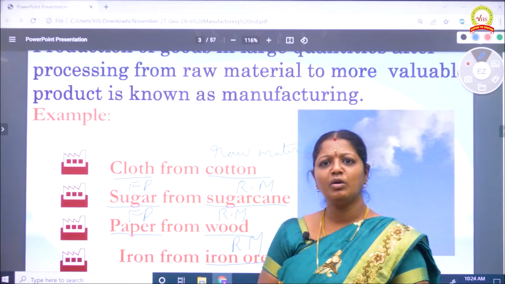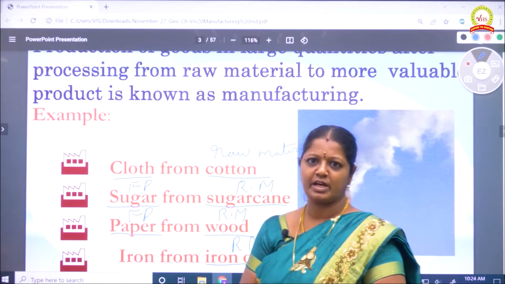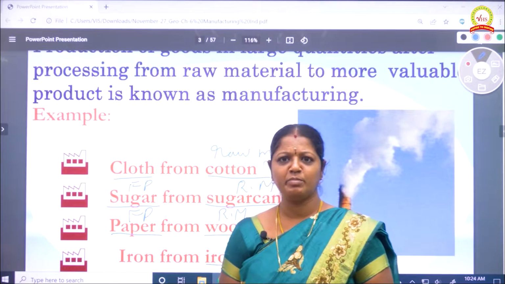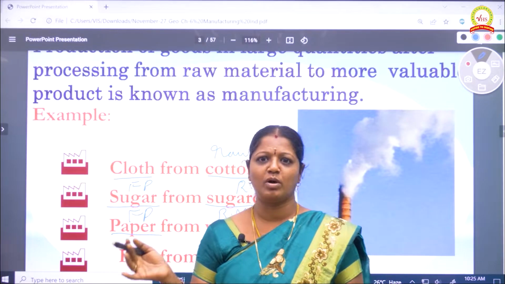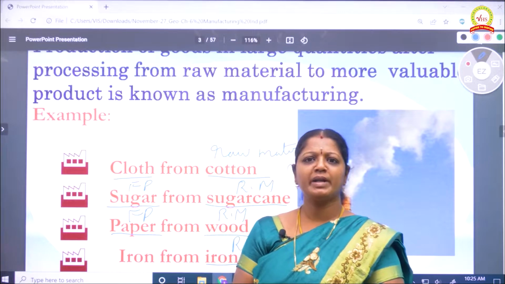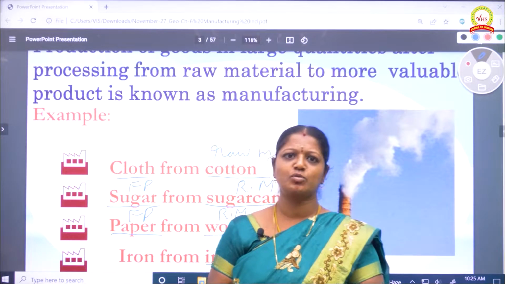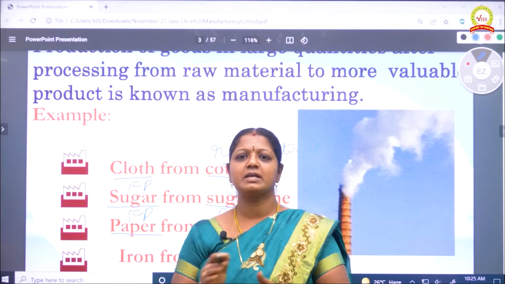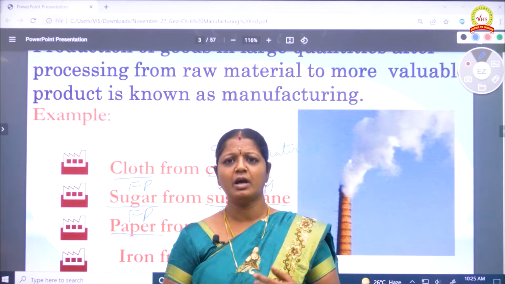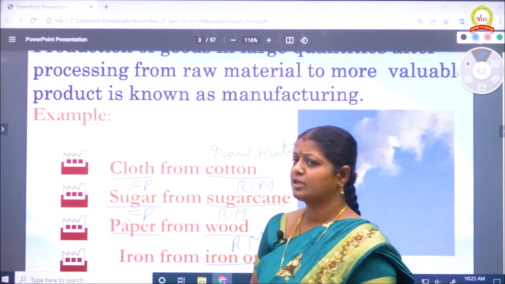You will have learnt in other classes about the primary, secondary and tertiary activity. Now let us recall once: what is primary activity, what is secondary activity and what is tertiary activity. Primary activity is the activity which is related to the earth. Examples of primary activities are mining, fishing, hunting, food gathering, etc. And what is a secondary activity?